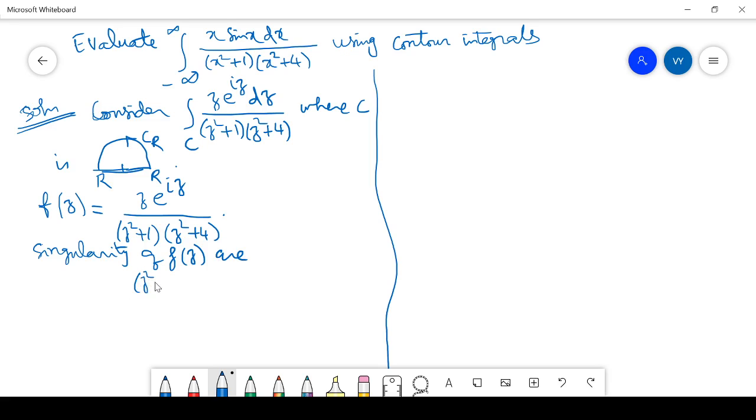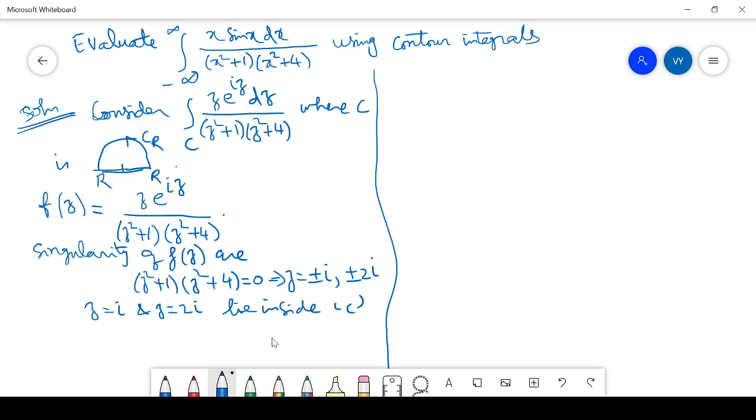So the singularities: I have z squared plus 1 into z squared plus 4 equal to 0, or from this z is equal to plus or minus i, plus or minus 2i. So z equal to i and z equal to 2i lie inside C, because you can write i as (0, 1) and 2i as (0, 2).